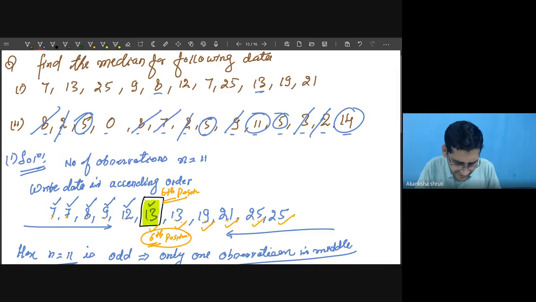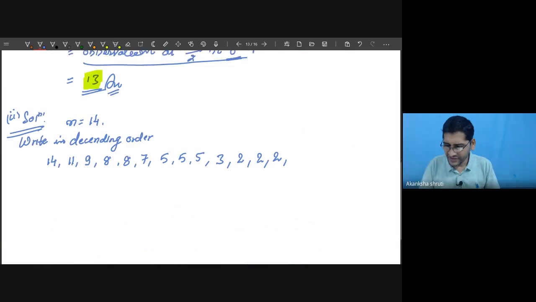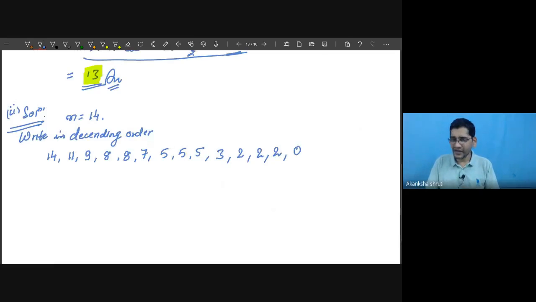No 1 is there. It is only 0, so write this 0 also. Ready? 1 2 3 4 5 6 7 8 9 10 11 12 13 14. So 14 data we have written in descending order.